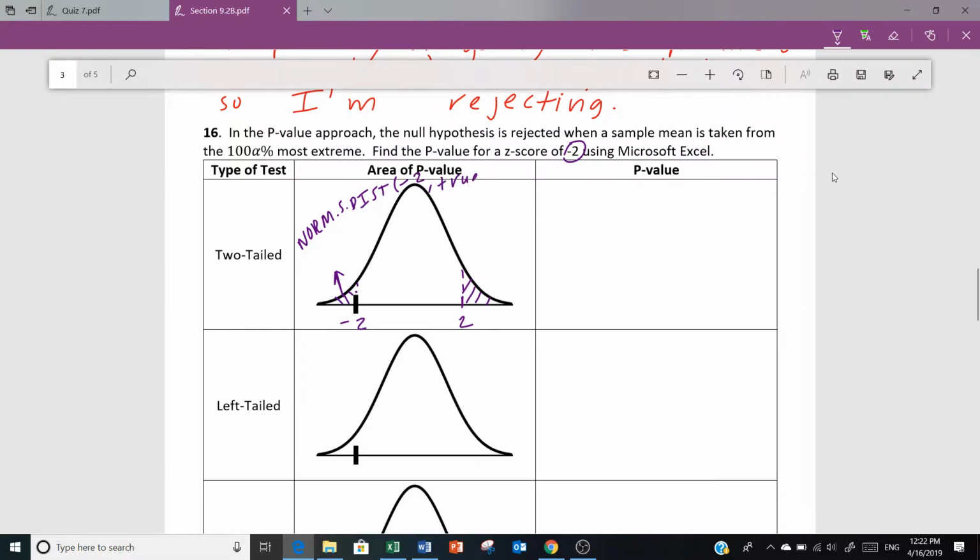That should give you half of the p-value because you have it on both sides. It should give you 2.5%. Okay, let's make sure that we can do this in Excel. So go ahead and calculate the p-value using NORM.S.DIST.